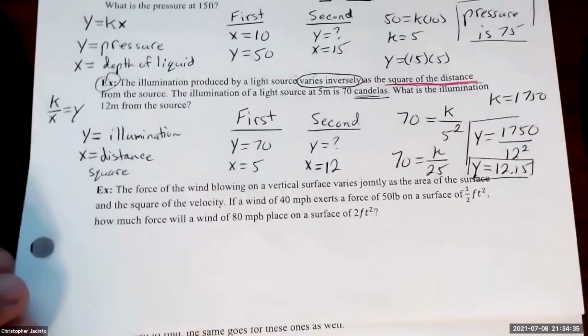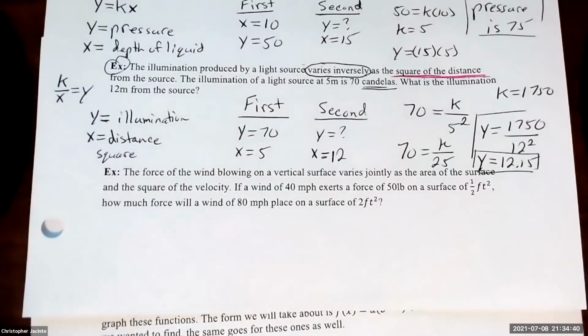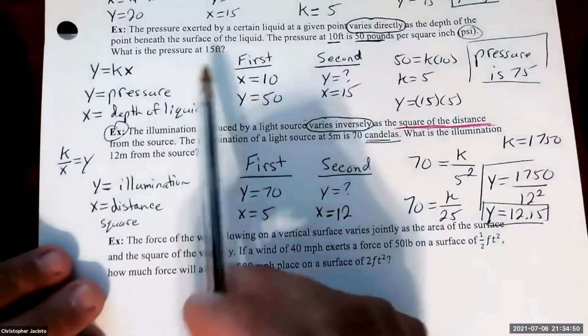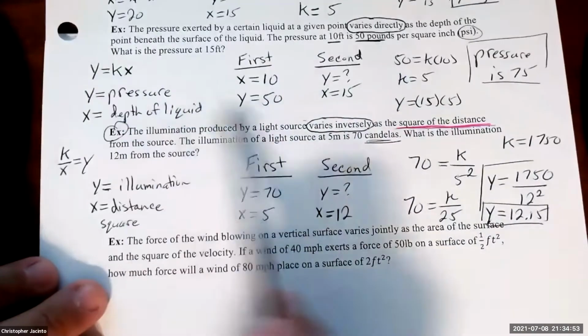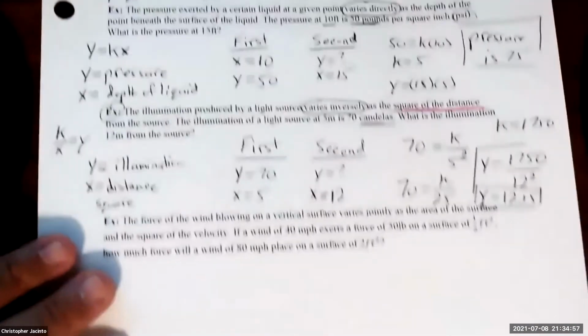All right, so everybody comfortable with the first example? Second example. If you guys are wondering, I put this as kind of like easy, medium, and then difficult down here.